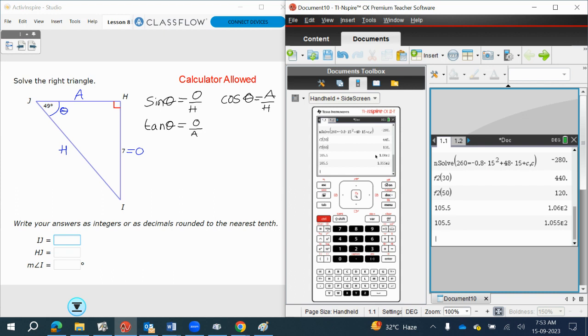Degrees was developed by the Babylonians. The Babylonians lived in sort of Iraq, around about the period 0 to 1000 BC. I can't quite remember, somewhere like that. They had a base 60 counting system.